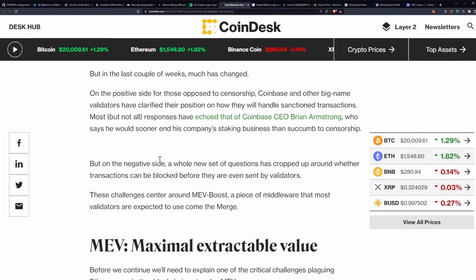And here's the thing, I don't necessarily believe him. We've seen what Coinbase has done in the past as far as setting up organizations to provide tracking services to the federal government. So I think that they're full of it. I think that he is lying, and he's just saying that because that's the best PR move right now.